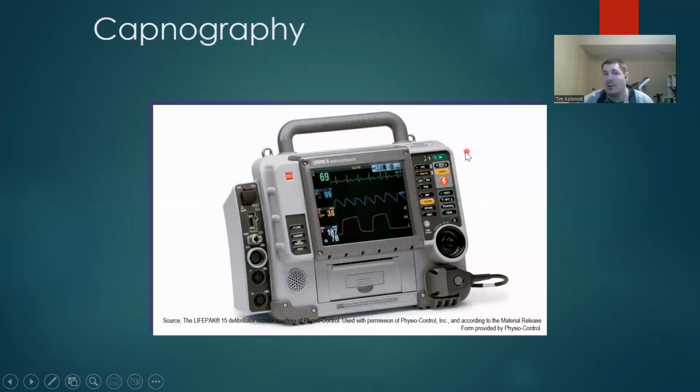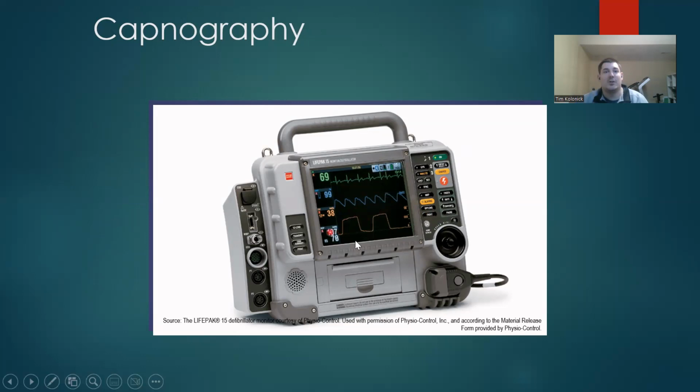So how we're going to maintain pH as best as possible in the field is through capnography or capnometry, right? It's kind of become a standard of care. If anybody's having any sort of difficulty breathing, throw on your end tidal CO2 monitoring.